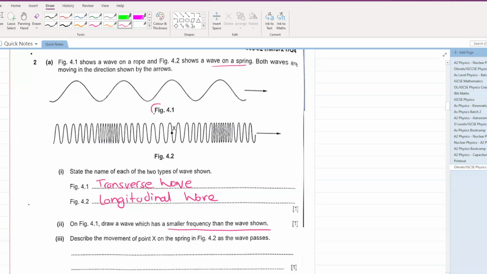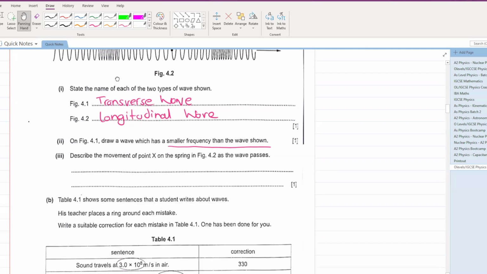If you have a smaller frequency, the time period will increase. The time taken to complete one wave will increase. That's what I have done here.